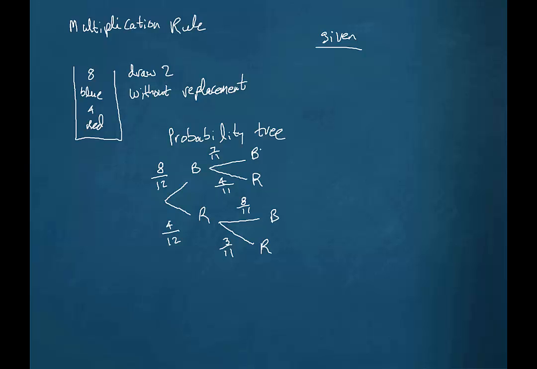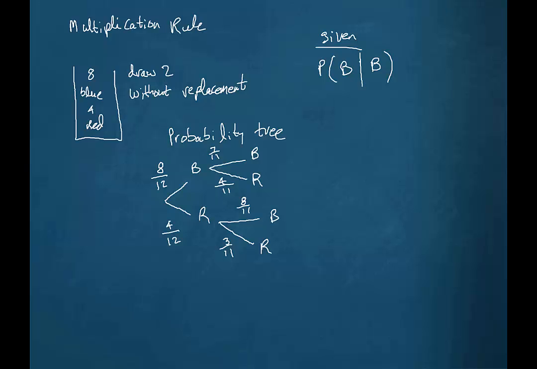This particular draw here, the blue block, given I've drawn a blue block on the first draw, its probability notation would look like this. The probability that I would draw a blue block given, and this vertical line means given, that I have drawn a blue block on the first try.